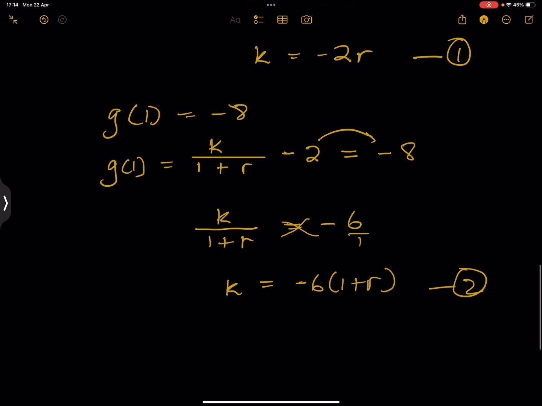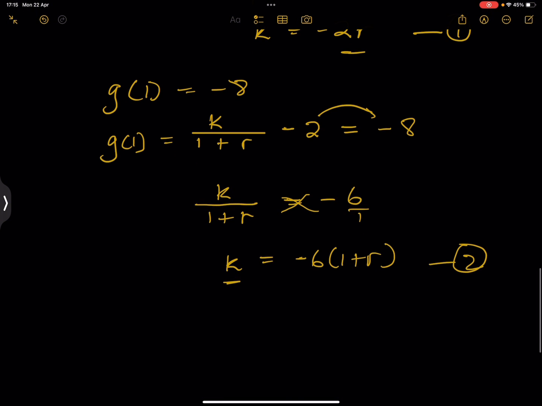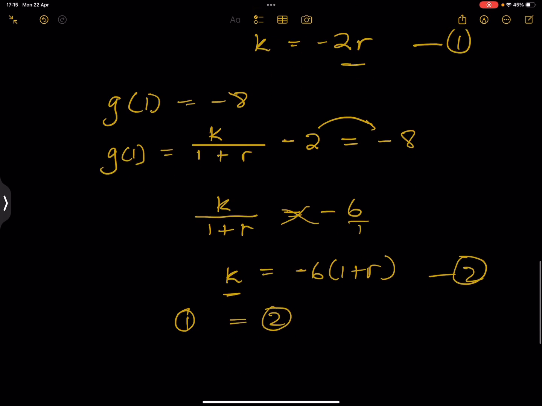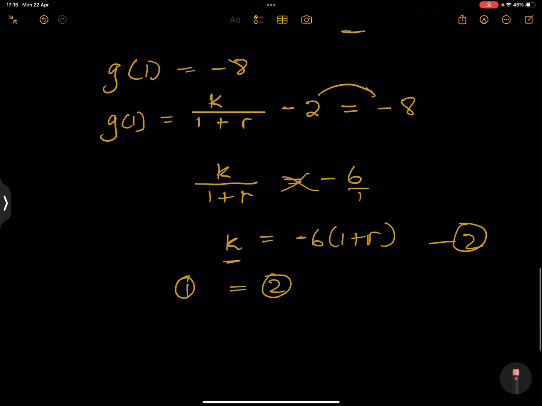Now remember, I've got two values for k in this case. So k is minus 6 into 1 plus r, but k is equal to negative 2r. So equation 1 is definitely equal to equation 2. So I'm going to take everything on the right hand side and equate it. So minus 2r is equal to minus 6 into 1 plus r.